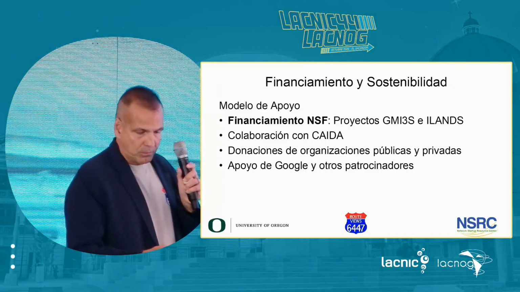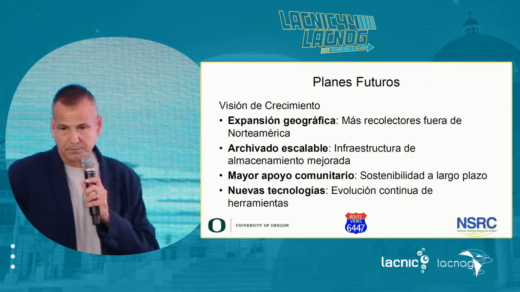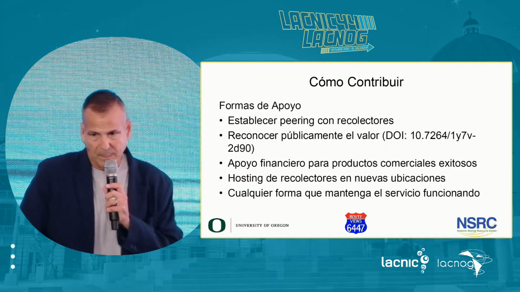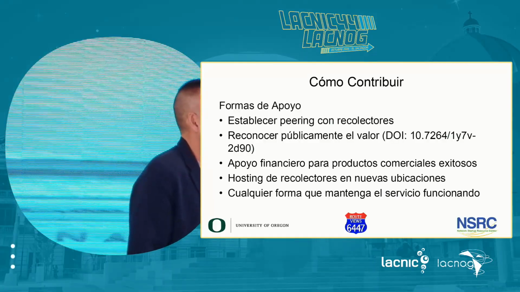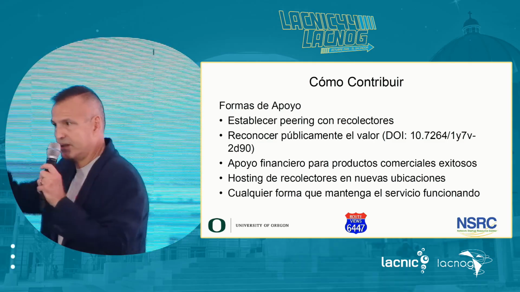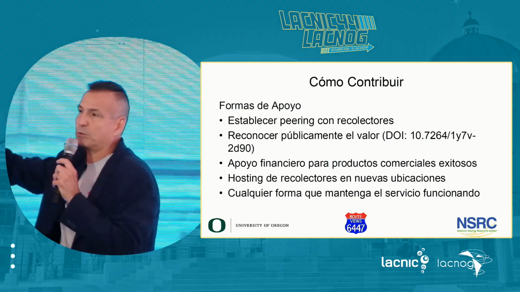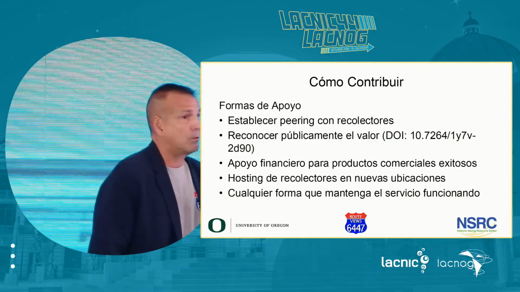So what can you do to help? Well, there are three things. We have a vision for growth. Number one, you can help establish collectors in places or locations that are attractive. That is the number one way you can help us.